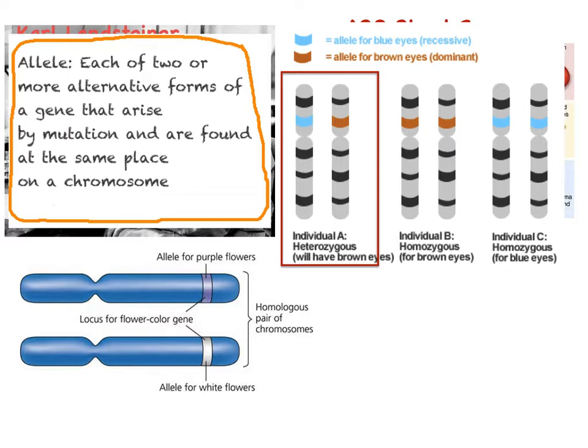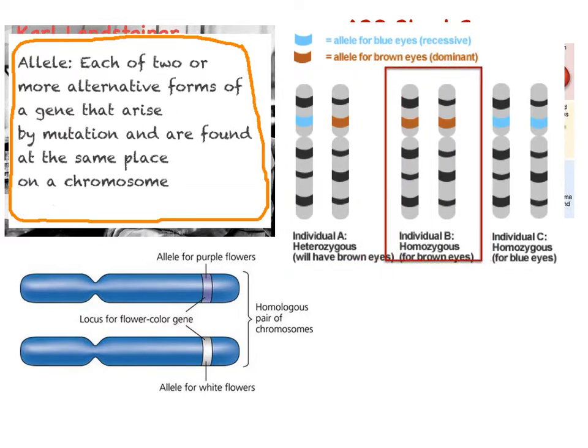What will be his eye color, since brown is dominant? This person will have brown eyes. The second person, individual B, has the brown allele of the color gene in both homologous chromosomes.